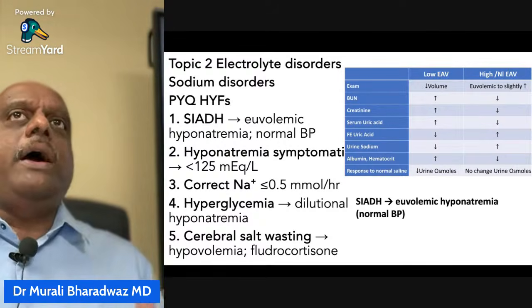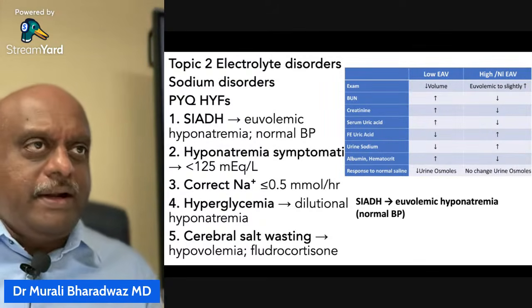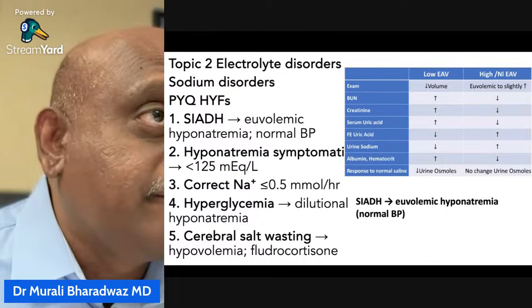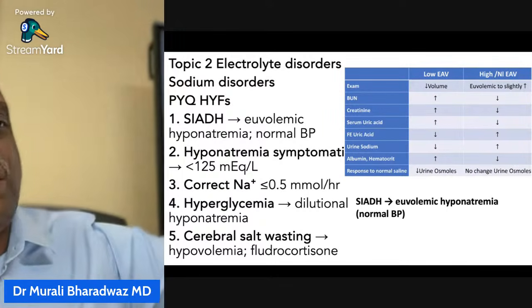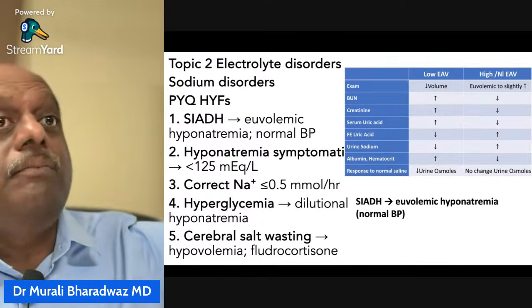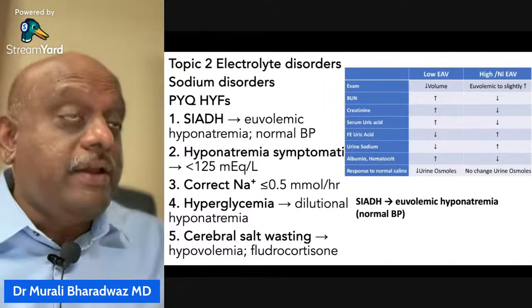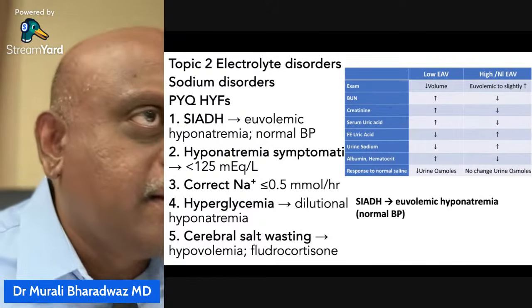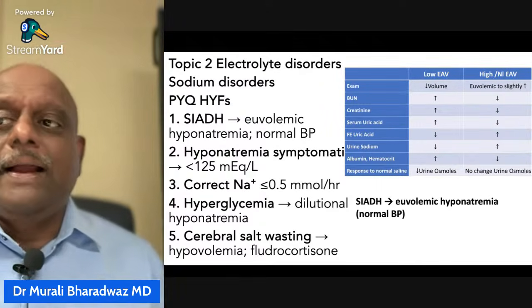Next, how will you correct hyponatremia? You need to give sodium supplementation in the form of normal saline. And you should never increase the serum sodium concentration by more than 0.5 millimoles per hour. Otherwise, what is the complication that will occur? Central pontine myelinolysis is the complication.